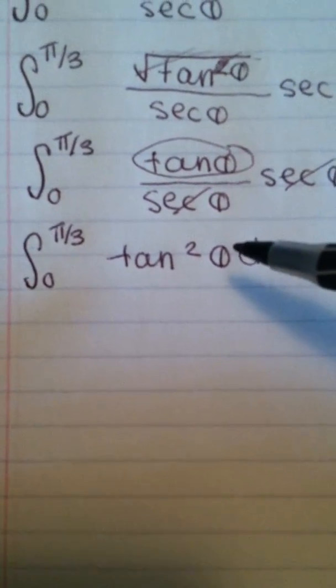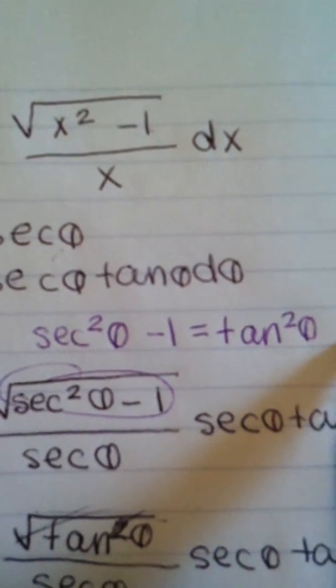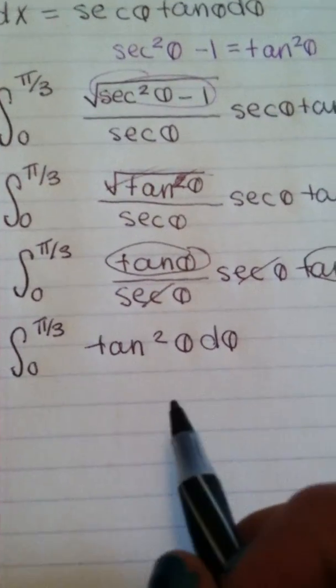Now, in order to integrate this, we would need to find the antiderivative for tangent squared theta, but that's a little bit difficult to find. We know that tangent squared theta is equal to secant squared theta minus 1, using that Pythagorean identity that we used earlier, and it would make this much easier to integrate.